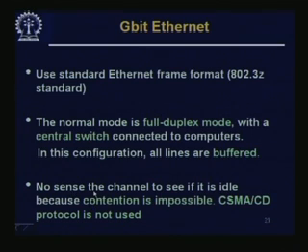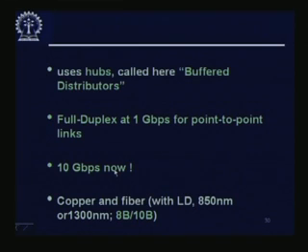So, there is no need to sense the channel to see if it is idle or not, because if there is no contention, then you need not sense or do anything at all. Okay. The CSMA/CD protocol is not used at all, and this is the mode in which gigabit is usually used, although there is a shared mode also, which uses buffered distributors with hubs.